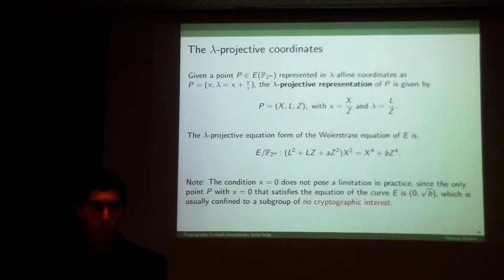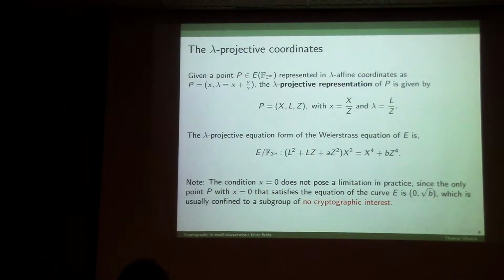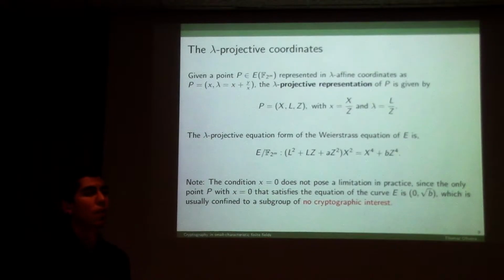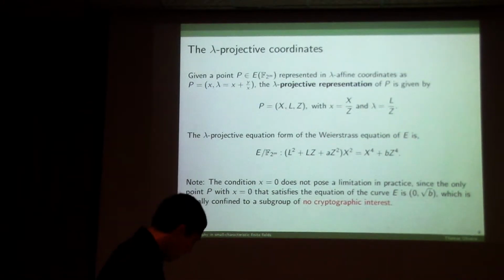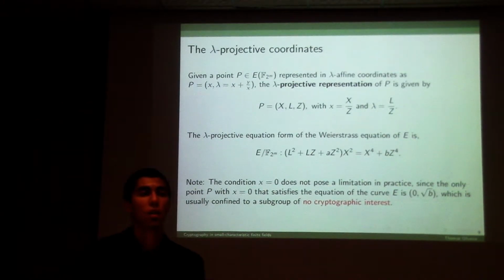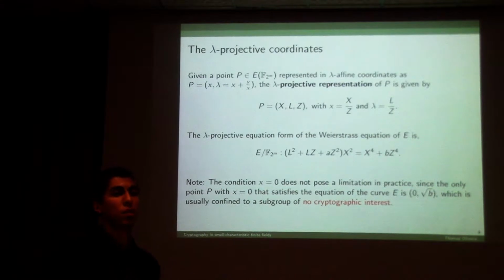In the thesis on page 27, you find some endomorphism. Was it hard to find it? Because that's another requirement for other kinds of fields. Page 27? Yeah. Okay. Well, this endomorphism was proposed by Galbraith and Scott for prime curves, and it was already analyzed by Hankerson, Karabina, and Menezes in their paper analyzing Galbraith and Scott point multiplication.